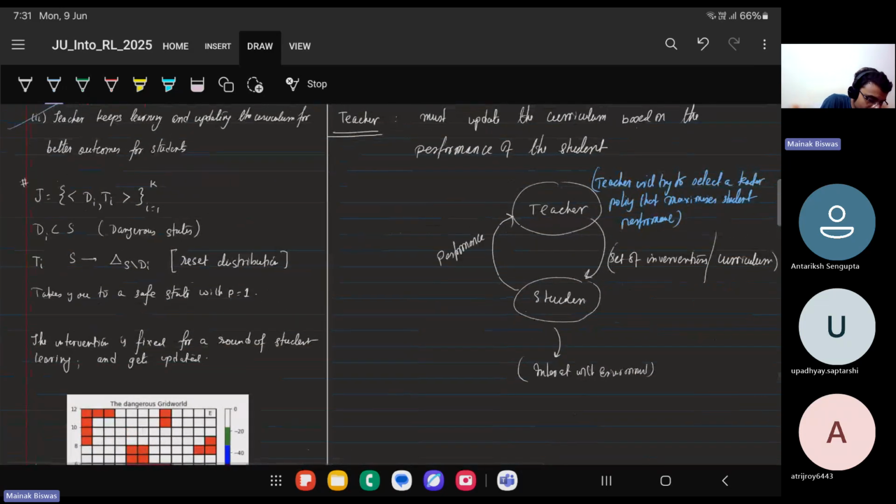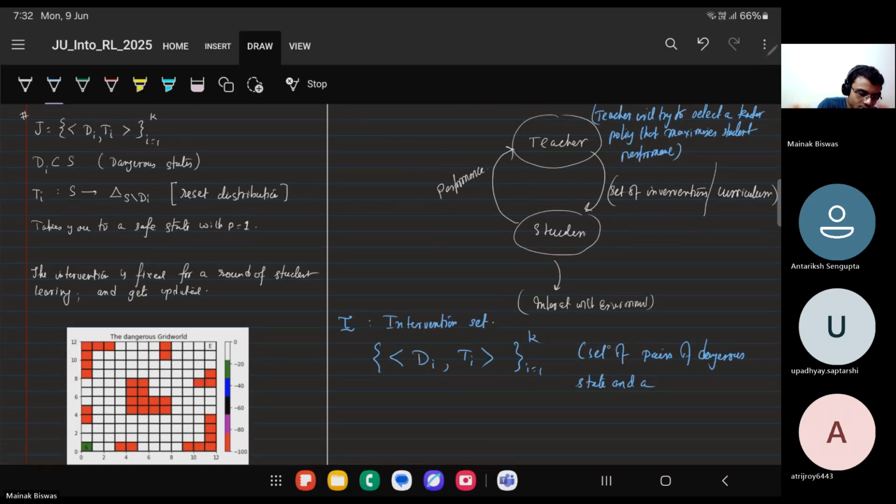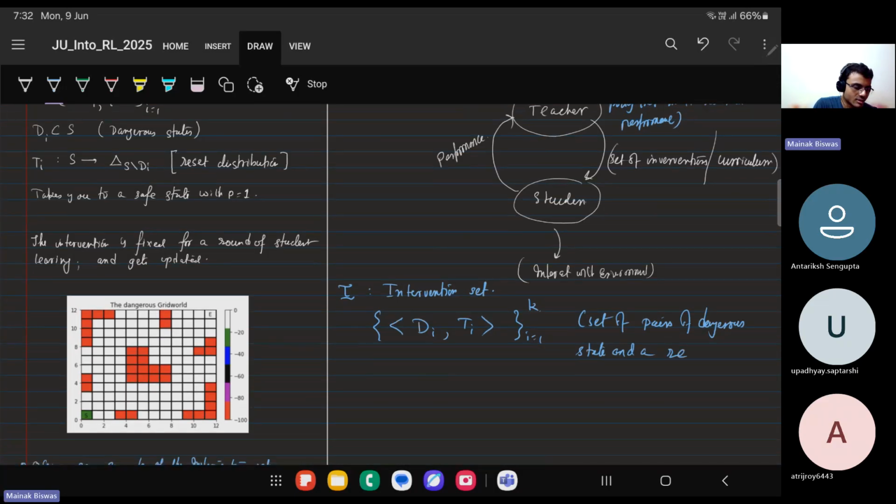We do it by using something called the intervention set. Okay, the intervention set is a set of pairs of dangerous state and reset distribution.